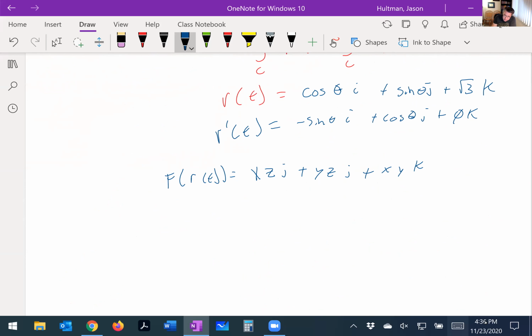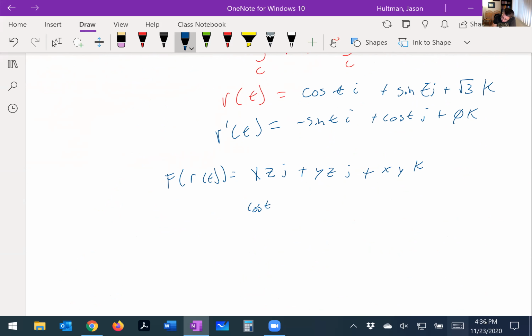Okay, we can use t's if I want. Let's go back to t's, just to make it consistent: r of t is cosine t i plus sine t j. So what is x? x is cosine t.